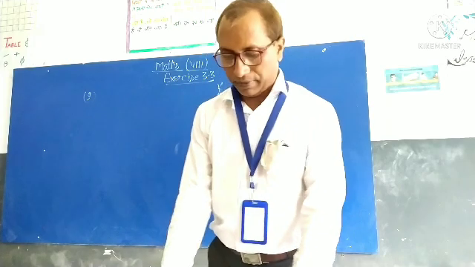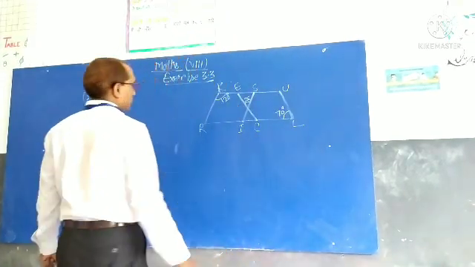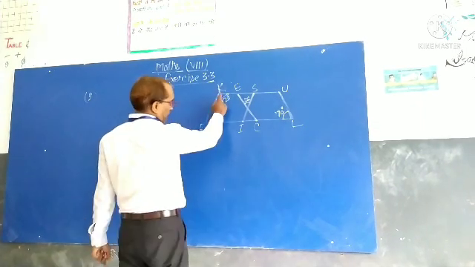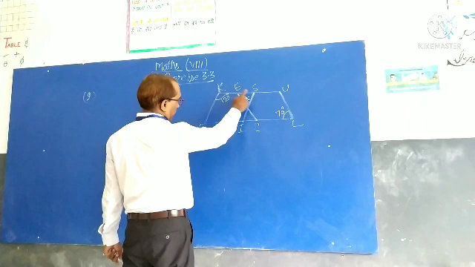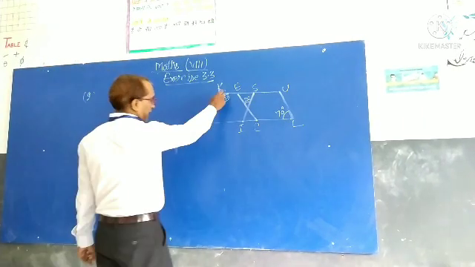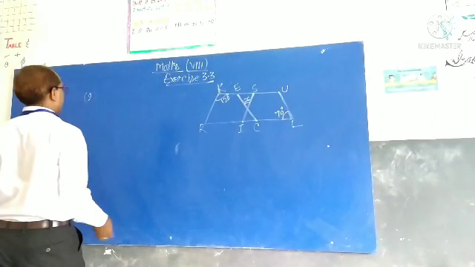It is your figure. You find out the value of X. You know the property of a parallelogram. The sum of adjacent angles of a parallelogram is 180 degree. Means angle P plus angle S is equal to 180 degree.